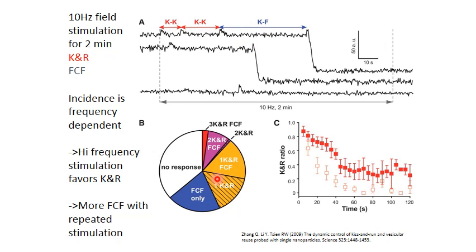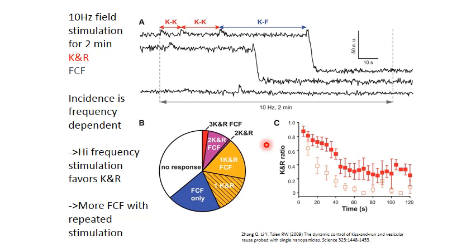And again, they look at multiple events under this kind of faster stimulation, and they plot the same kiss and run ratio. And here, there's many, many more kiss and run events than on the previous graph, which is now the lighter orange squares, which have just been regraphed here.